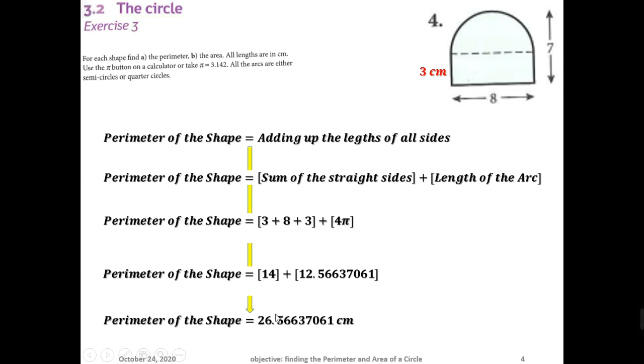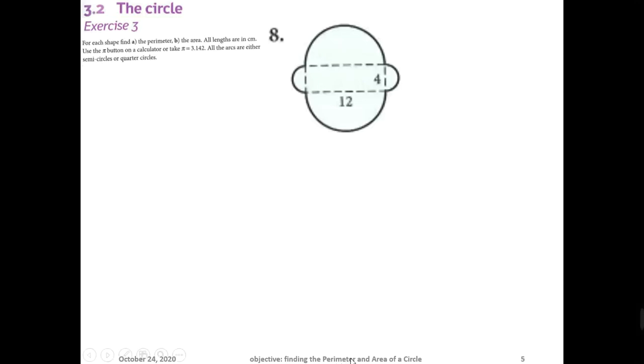So stop at the 5, look at the right, 6 is going to bring 5 up, so the final answer correct to 3 significant figures is 26.6 centimeters. I would like you to think of this question in the exact same way. Please watch the video again if you struggle with any of the steps.